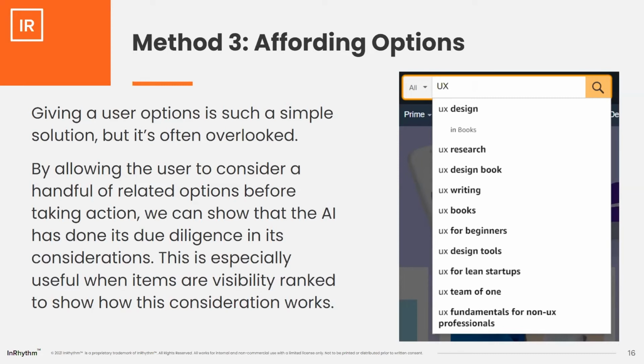If, for example, you're searching for UX books, we don't want to just return UX design here. By giving all of these options, we're placing the user a single click away from what is actually the right result. So by building in that kind of fault tolerance, we're allowing the user to retain control, right?